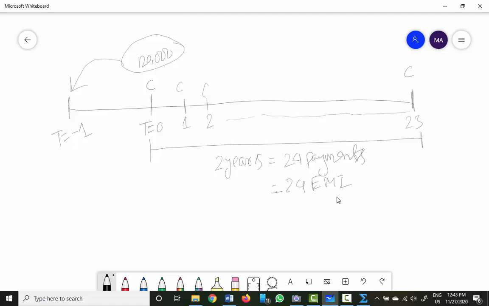If we assume that the EMI plan has started 1 month before, not from today, then this will be an ordinary annuity. So if you want to move this single cash flow 1 month behind, since we are moving backward, we will use this formula.